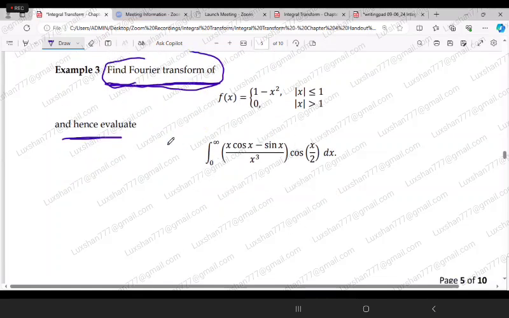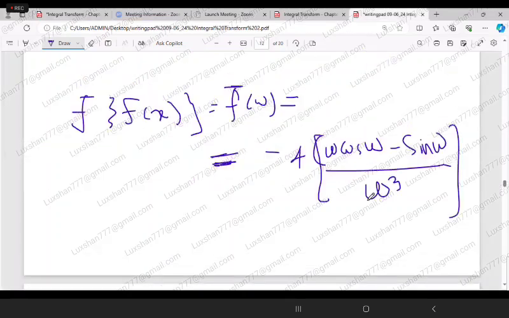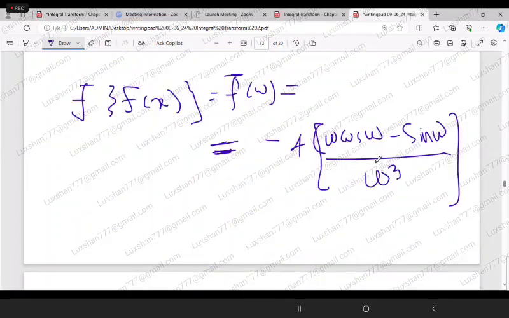Look at now. To evaluate this one, we are going to use the inverse Fourier transform. Why? Because we are getting something similar to this one. Minus 4, look at here, omega cos omega minus sin omega over omega cubed.